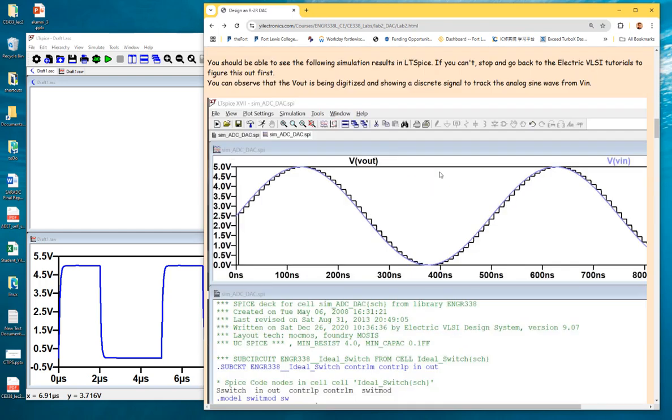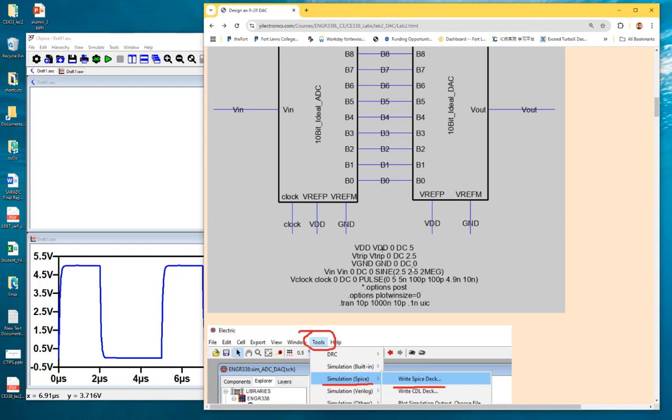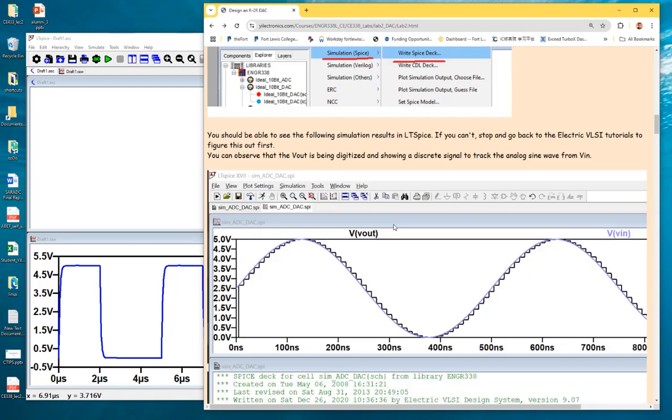Okay, and then it's going to open up this simulation window because you have the SPICE code in Electric VLSI. What you want to do is right click and add traces, because you cannot double click since there is no schematic. You want to right click this window with a light color background.